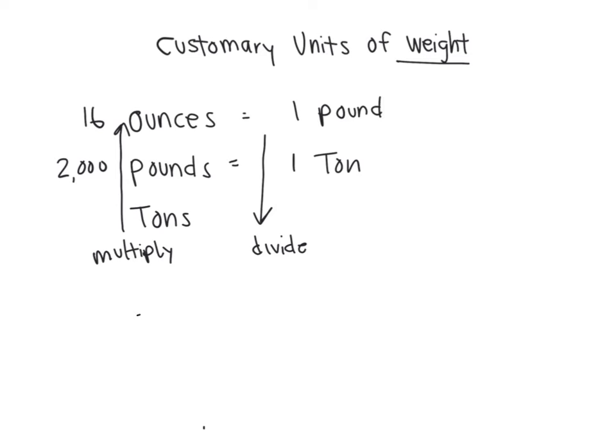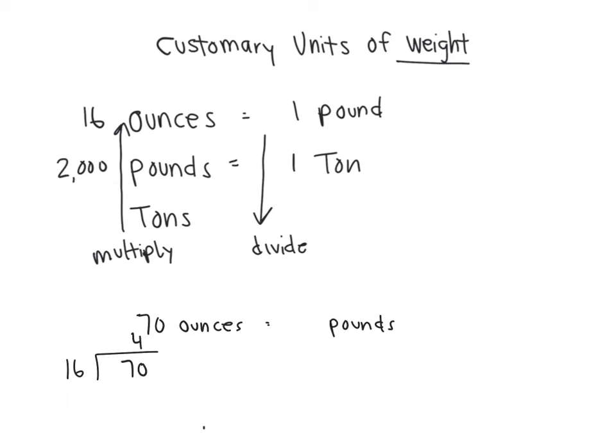So what if I had 70 ounces, and I want to know how many pounds I had? Okay, if I need more, I multiply. If I need less, then I divide. And I need less pounds because ounces are smaller, so I'm going to divide 70 divided by 16. So now I just have to kind of guess. We knew that it was close to 4.